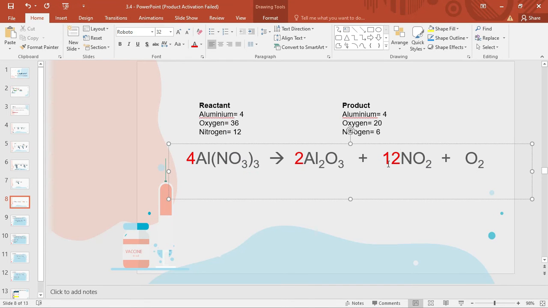Now we got 12 nitrogen, and 12 times 2 is 24 oxygen, right? 24.